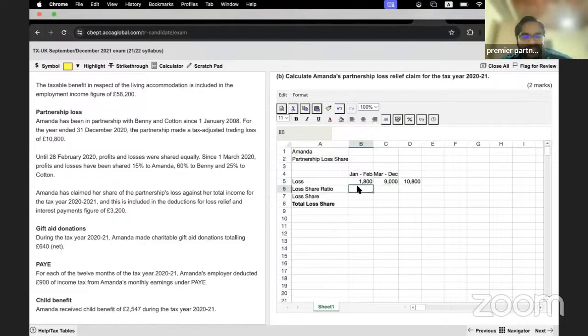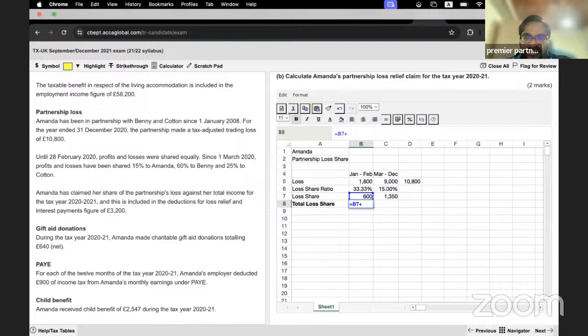So this one equal, that means I can take 33.33% if it is equal. Then the second part, she's getting 15%. For the first period, 1,800 into 33.33%. For the second period, 9,000 into 15%, 1,350.